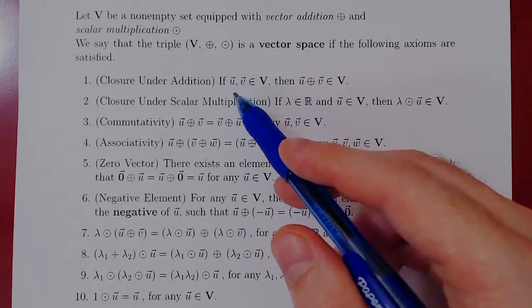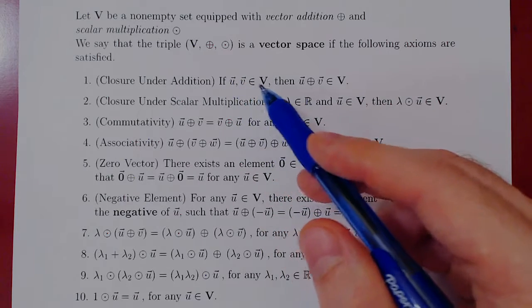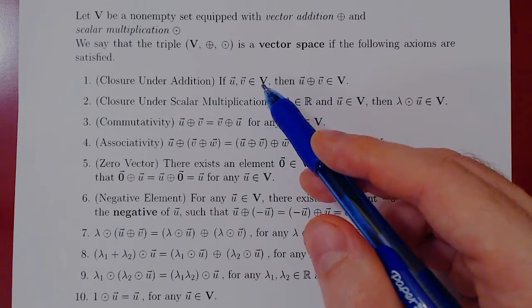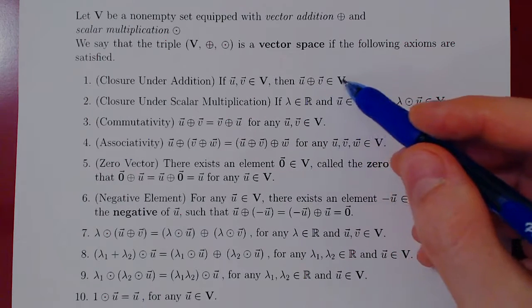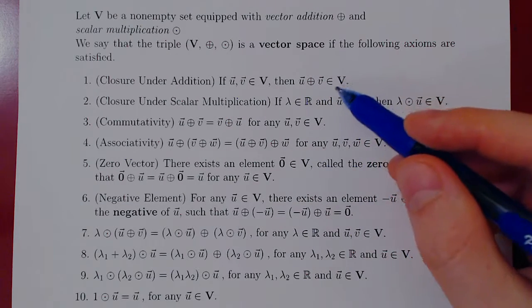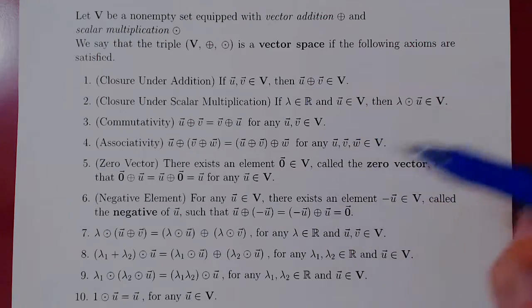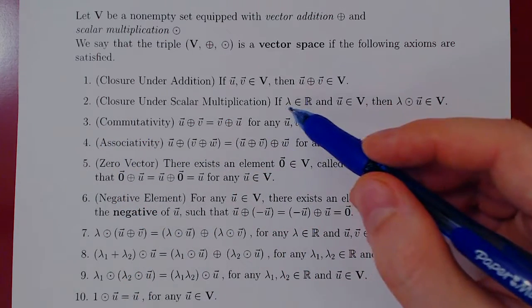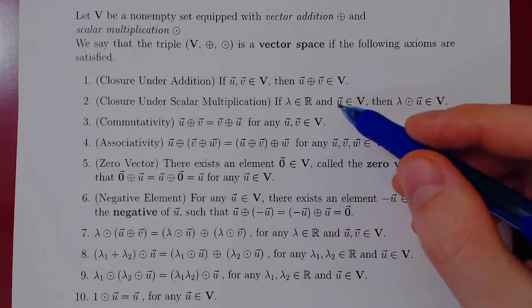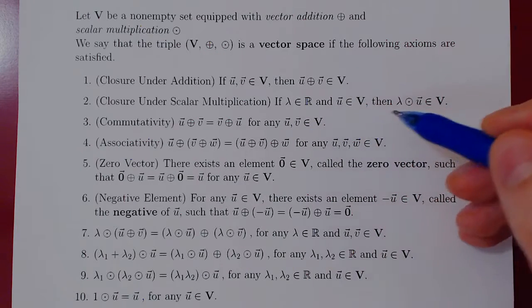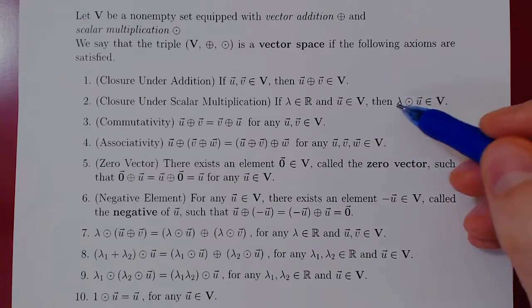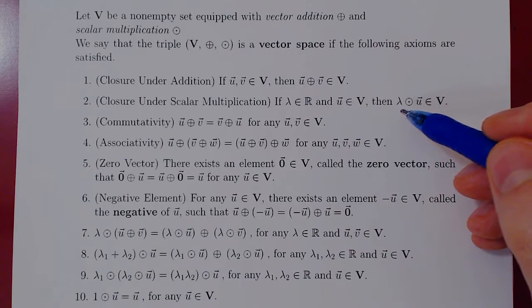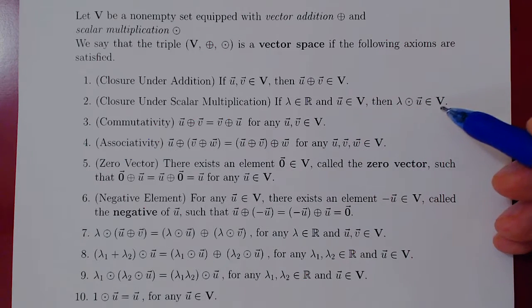It says if you take two elements of your space, so two vectors in V, if you add them up, the resulting vector is still an element of your space. That's the first property. Closure under scalar multiplication says if you take any real number, lambda, and any vector of your space, if you then multiply your vector by the real number lambda, the result is still an element of your space.